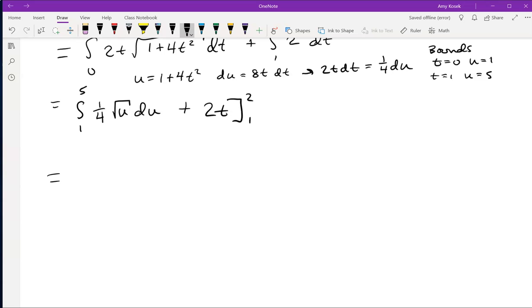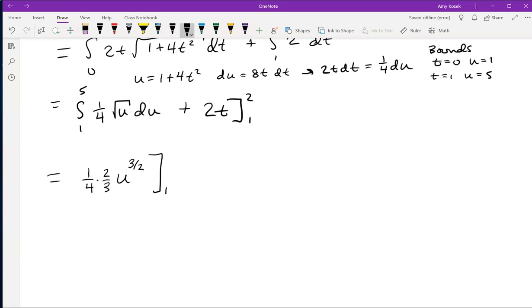So then our u to the 1/2, because that's what the square root of u is, times 1/4. We'll end up with u to the 3/2. We'll increase that by 1, and then we'll divide by that 3/2, which is really multiplying by 2/3.